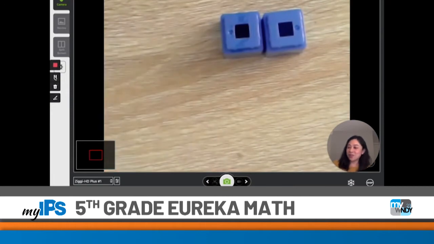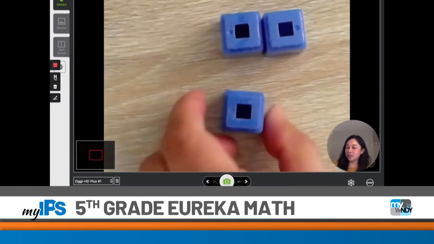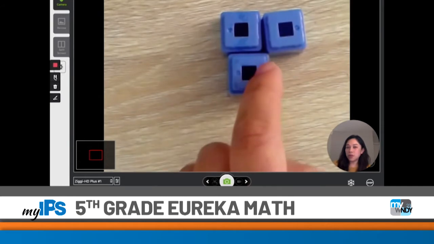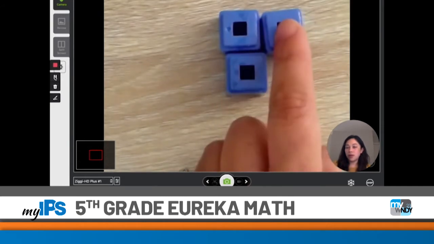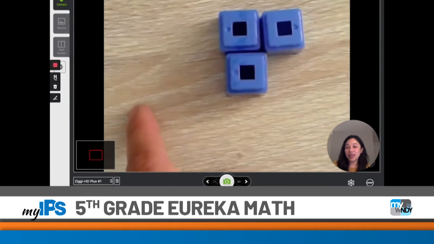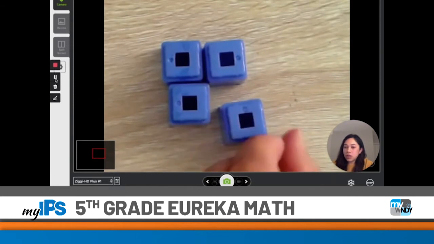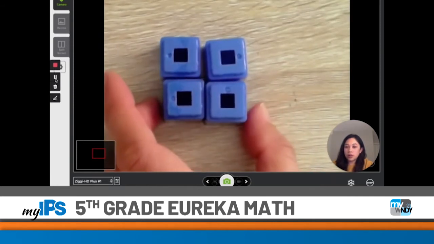And then of course with something like this, we count 3 cubes, 1, 2, 3, and we see that this has a volume of 3 cubic units. Continuing along, this structure here, similar to what we built earlier, has 4 cubic units, or 4 units cubed.